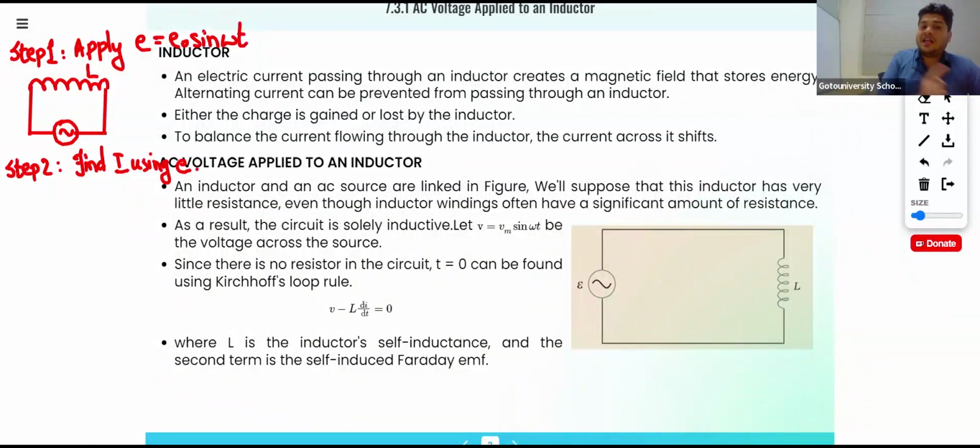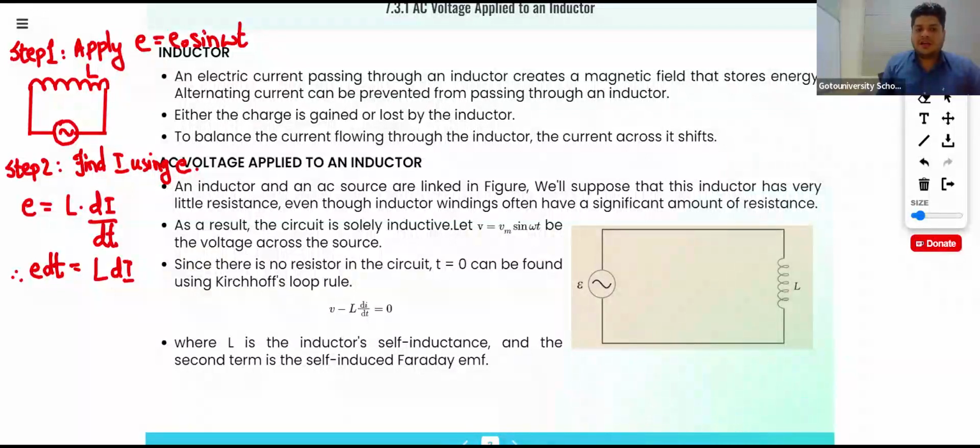In the last lecture, that is yesterday's session, we studied that the induced EMF formula is L into di by dt. So by the variable separable method, you can write E dt is equal to L di. Before integrating, in place of E we write E naught sine omega t, which will be equal to L di.